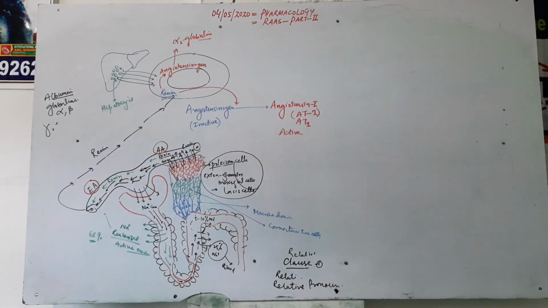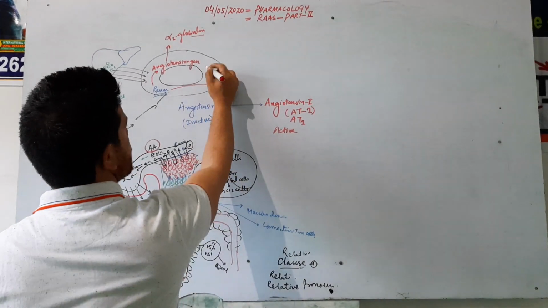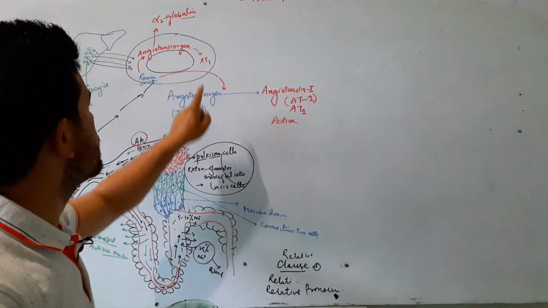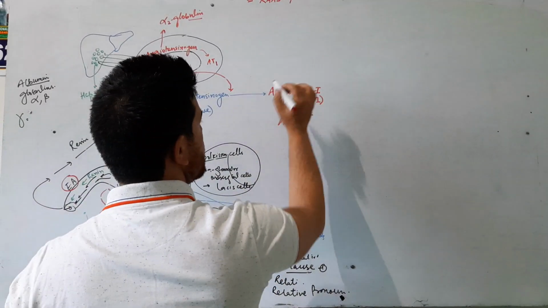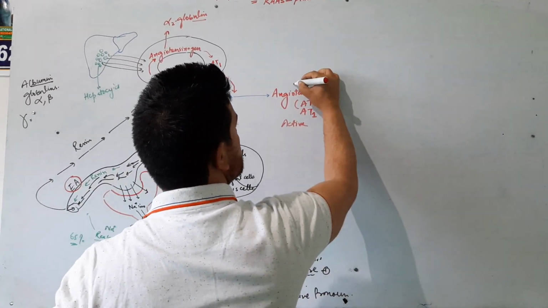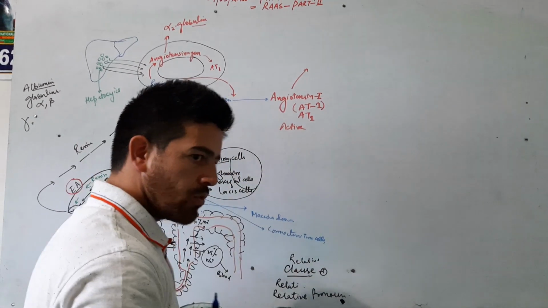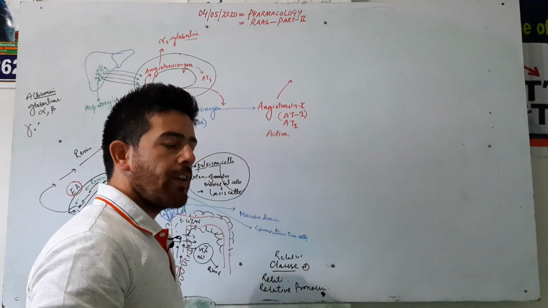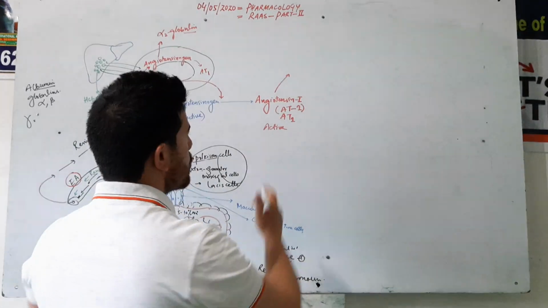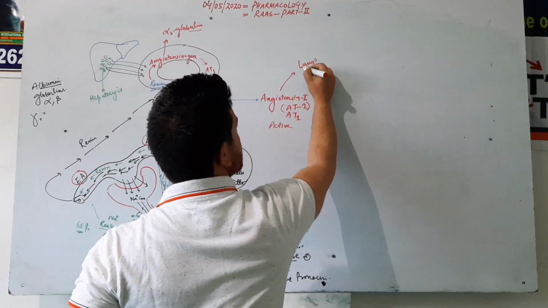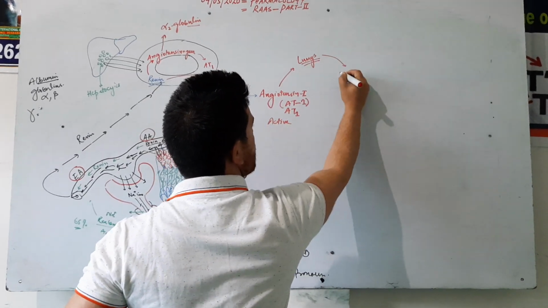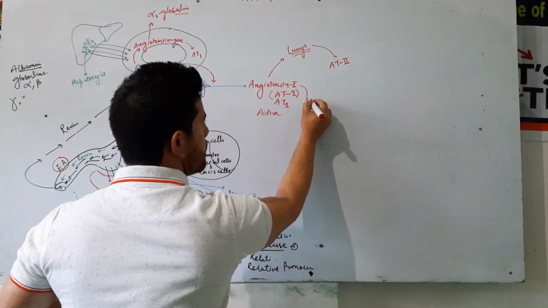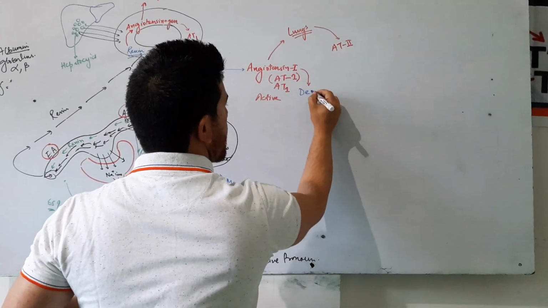This angiotensin 1 is formed in the systemic circulation. Now, this angiotensin 1 has to move towards the lungs, where it is converted into the second form, called angiotensin 2. So it will move through the lungs, and from the lungs it will be converted into angiotensin 2. This angiotensin 1 is a decapeptide.